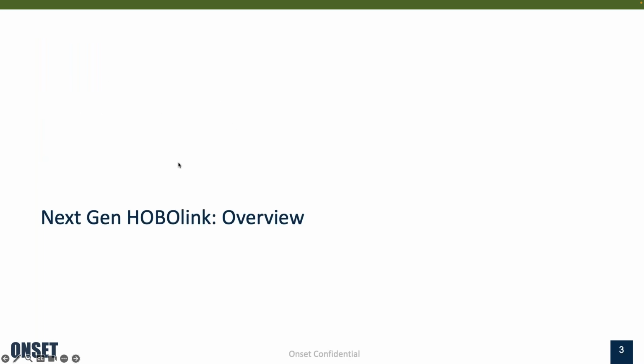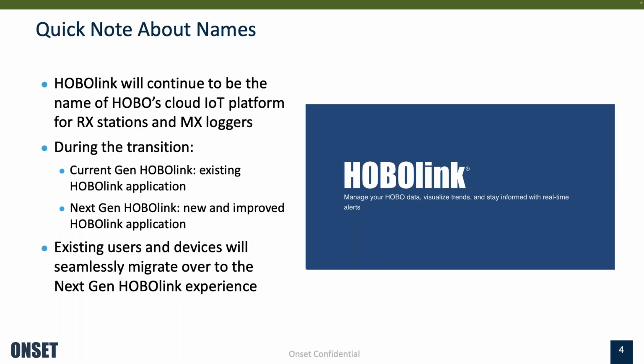So as an overview for the new HOBOlink, I wanted to start with a quick note about names. HOBOlink is the current name and will continue to be the name of HOBO's cloud IoT platform for RX stations and MX loggers. We're not changing the name overall, but as we go through the transition, we found it helpful to have some terms to describe the current version and the new version.